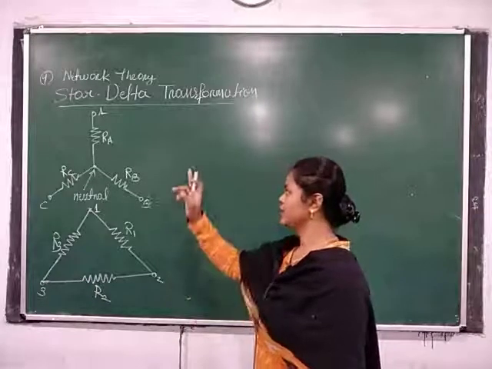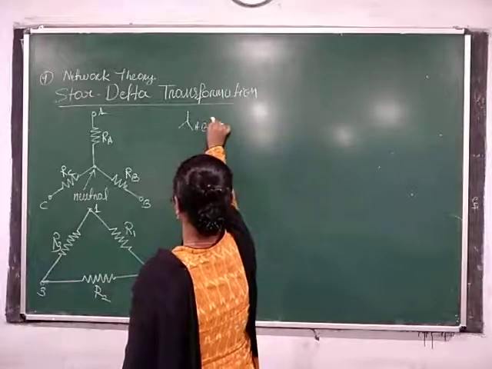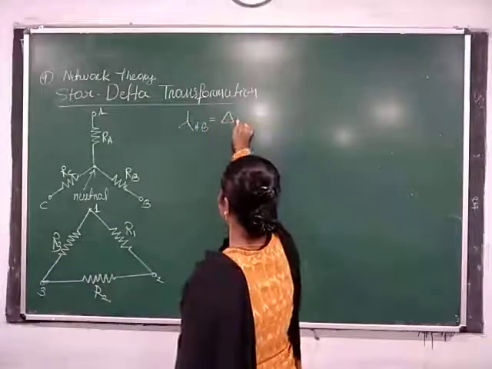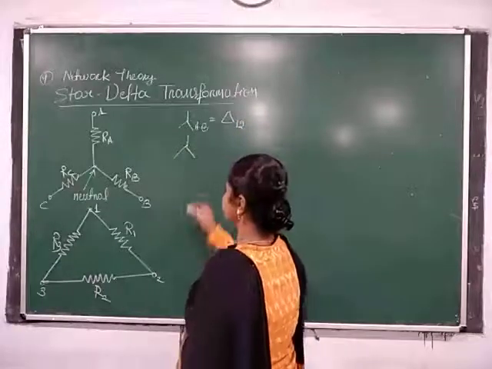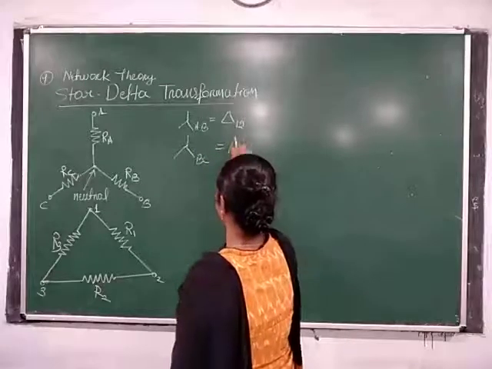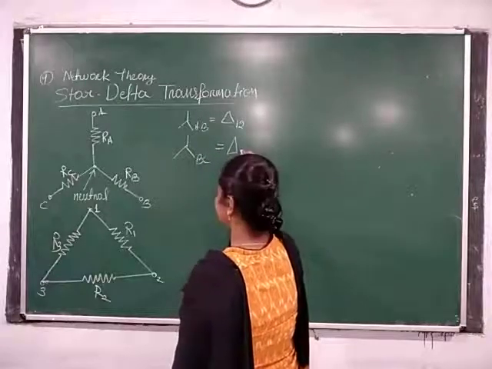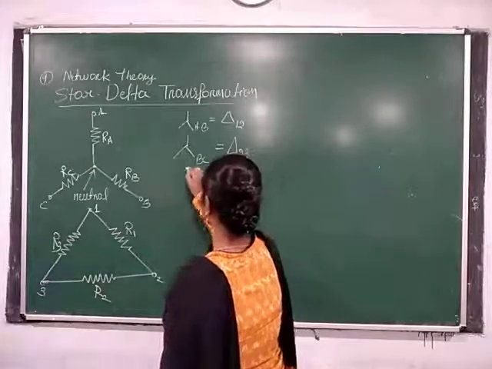In star, between A and B is equal to delta between 1 and 2. Equivalent resistance between the B and C terminals in star is equal to the equivalent resistance between the 2 and 3 terminals in delta.